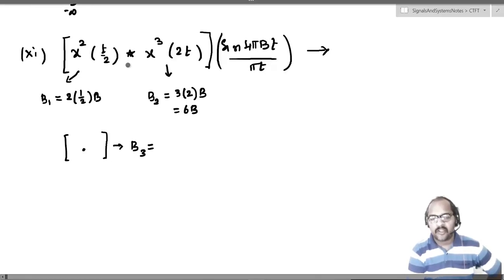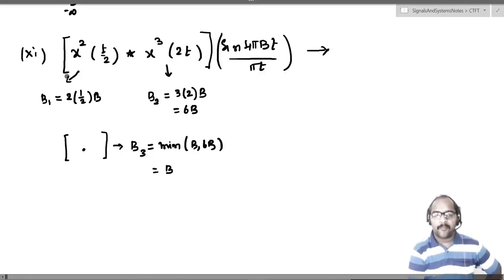Because it is convolution in time domain, the Fourier transforms get multiplied, so the bandwidth would be the minimum of these two. So b3 should be minimum of b and 6b, which is equal to b. So the bandwidth of the term inside the square bracket is b hertz.